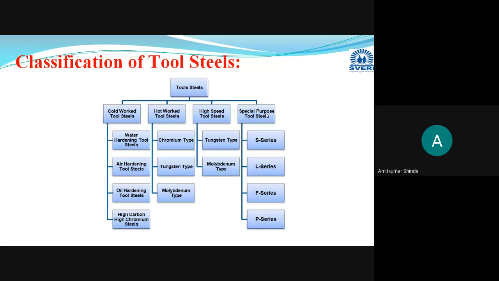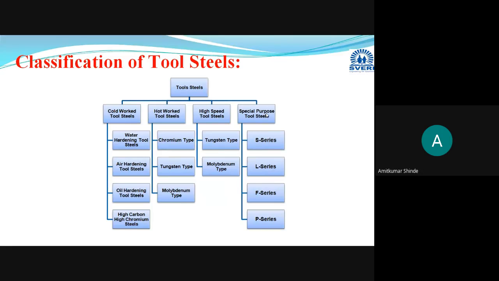Okay, so this is the brief classification of the tool steel. Now, as far as your examination is concerned, they may ask you the brief classification. Then you have to draw this chart as it is, and you have to explain the basis of each classification. Means tool steel has four types, on which basis it is categorized, and on which basis its subtypes are made. That you have to explain here.